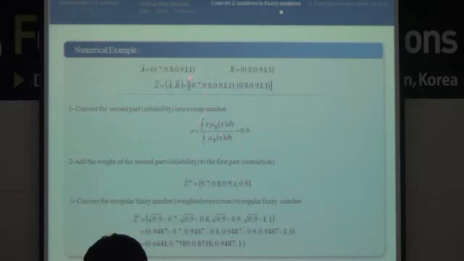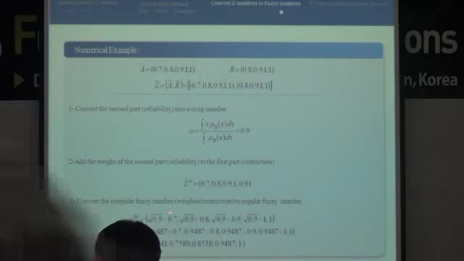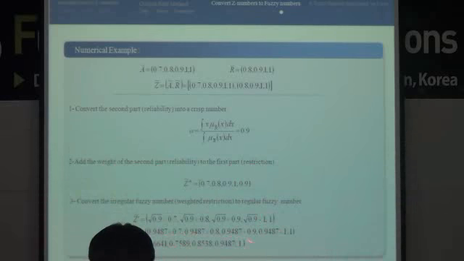Here it was 1, and now it's 0.9. So by using step 3, this Z number can be converted to the new fuzzy number.